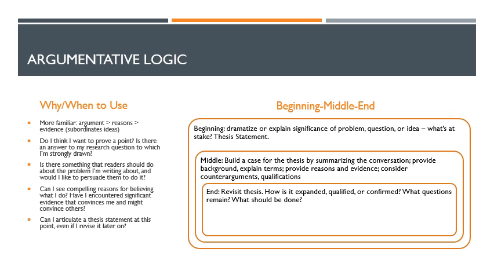Then in the middle of the paper, you're going to break down that summary of reasoning into specific points that support your thesis statement. So we're building the case for our thesis. And then below those points, we provide background information, explain terms, provide evidence. We consider counter arguments.